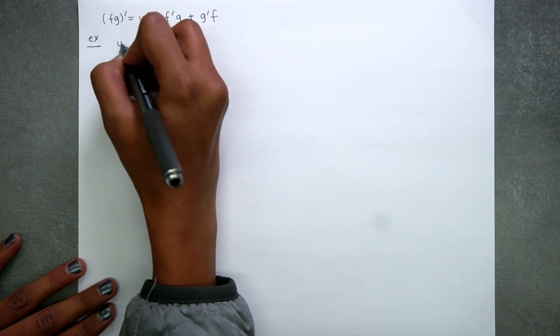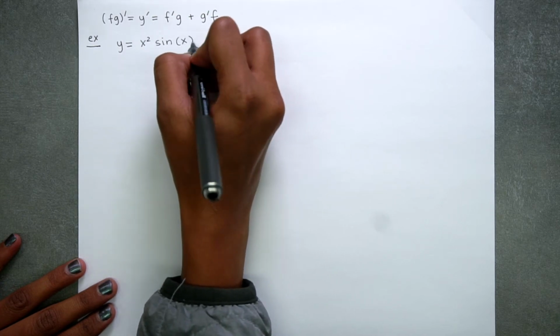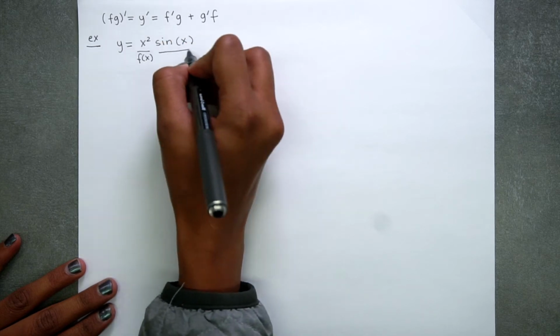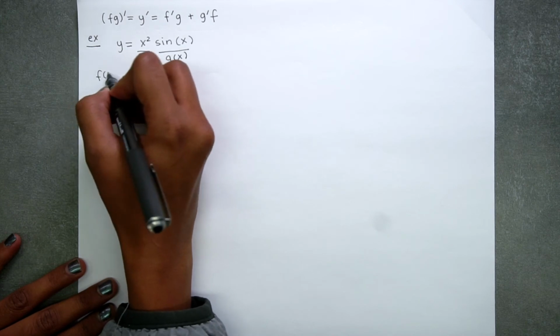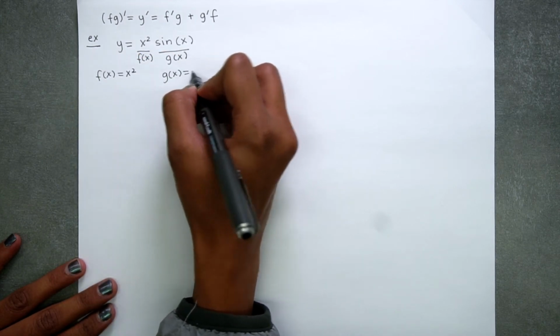So we have y equals x squared sine x. X squared would be our f of x, and then sine would be our g of x. And so we have f of x equals x squared and then g of x equals sine x.